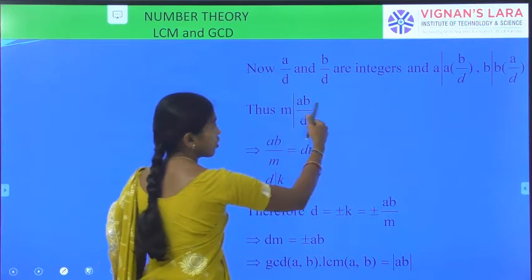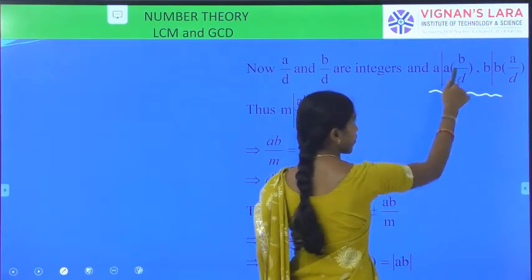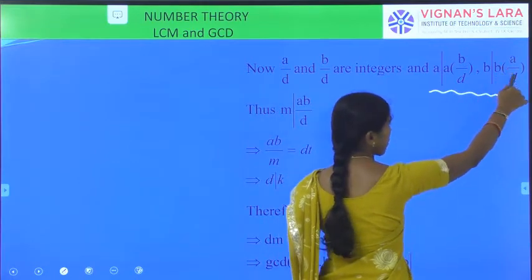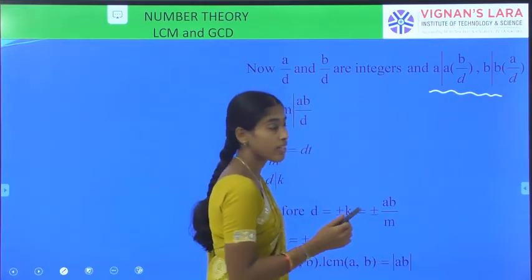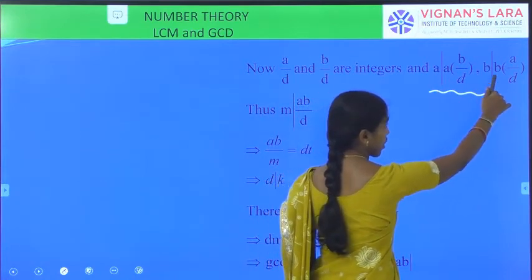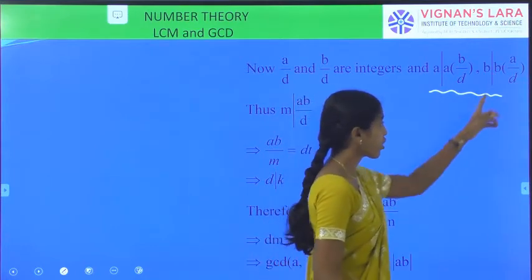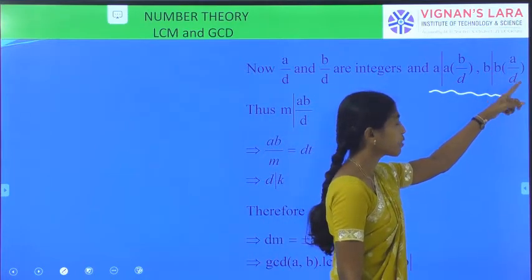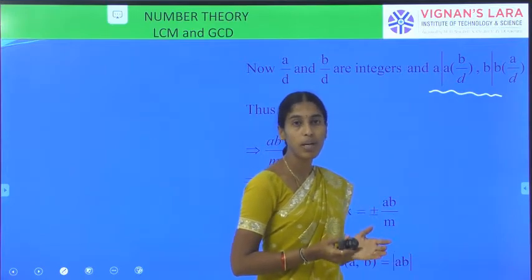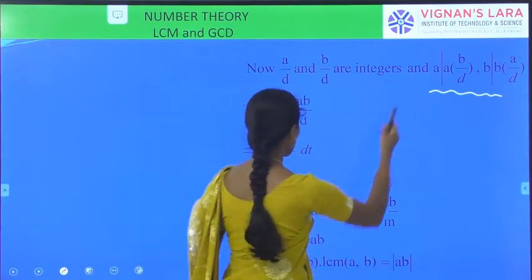Now, here you see clearly A divides A into B by D and B divides B into A by D, because the denominator is a multiple of A, and in the second one B divides any multiple of B, so the denominator here is a multiple of B. So A divides any multiple of A, similarly B divides any multiple of B. What is the meaning of that?